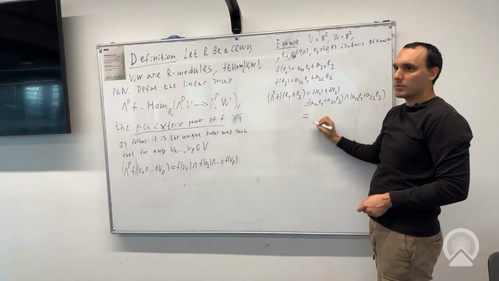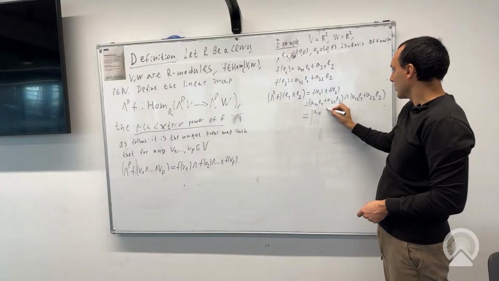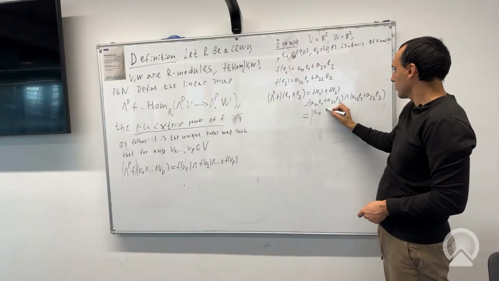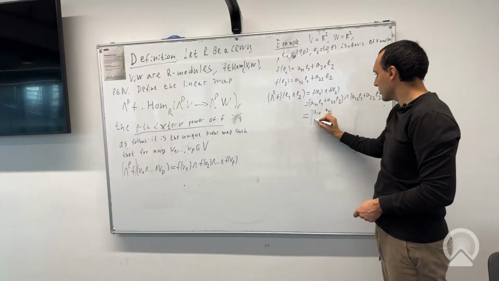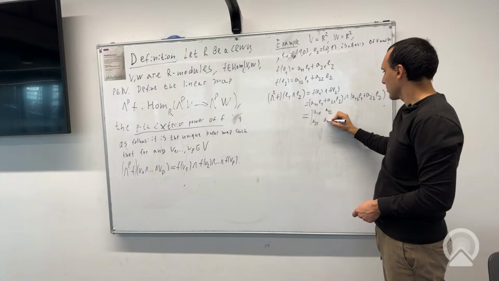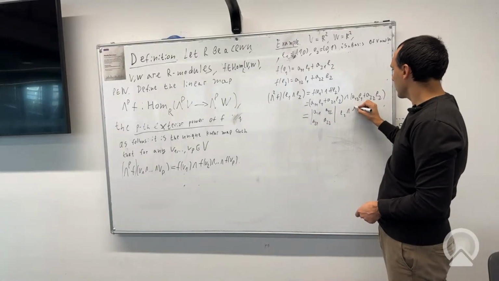And we calculated this before. This is the determinant of the coefficients a11 and so on, it doesn't matter the ordering, times e1 wedge e2.